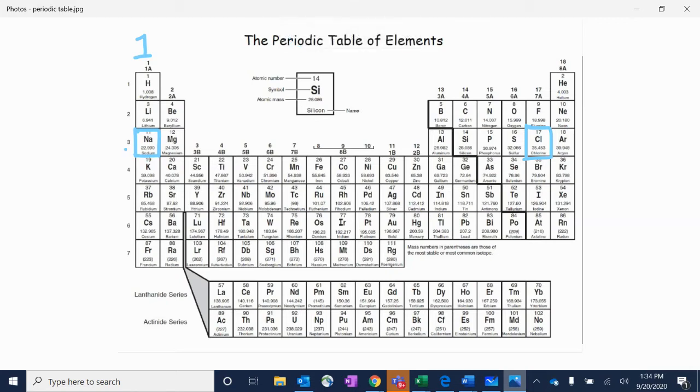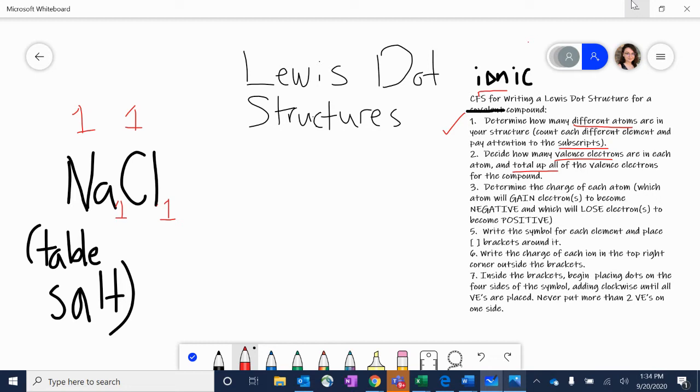So in the third energy level, it has one electron. Chlorine is in column 17, aka group 7A. So it has 7 valence electrons. So there's a total of 8 in this compound. So I'm going to go ahead and put my VE total here and put 8, so that I remember I have 8 total valence electrons.